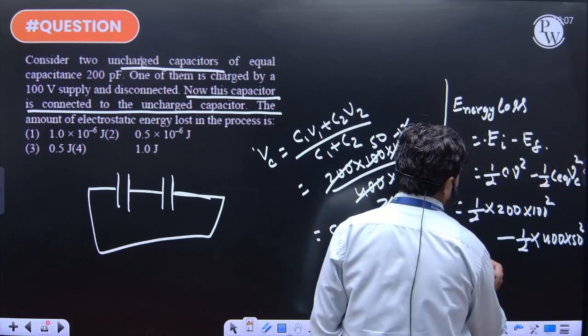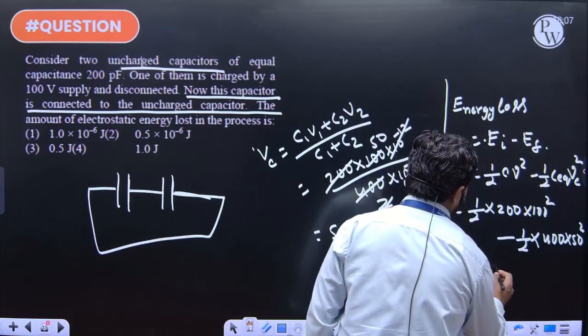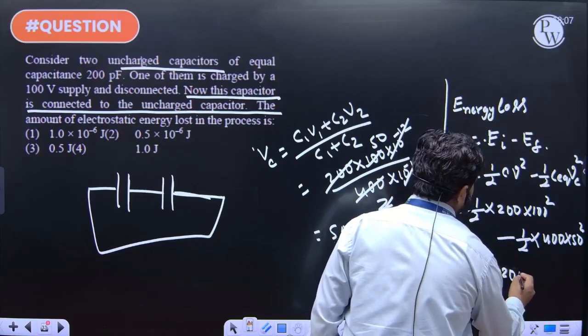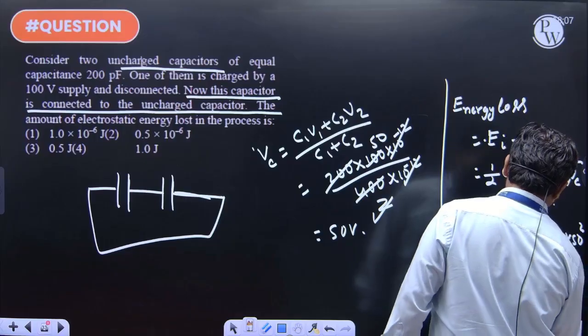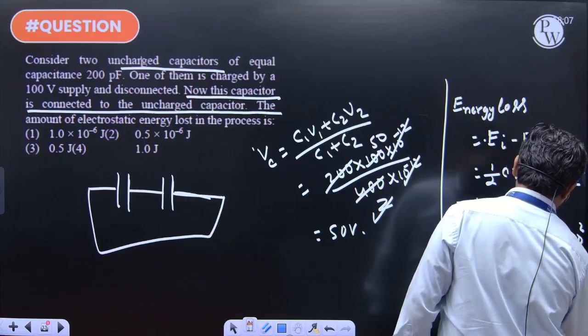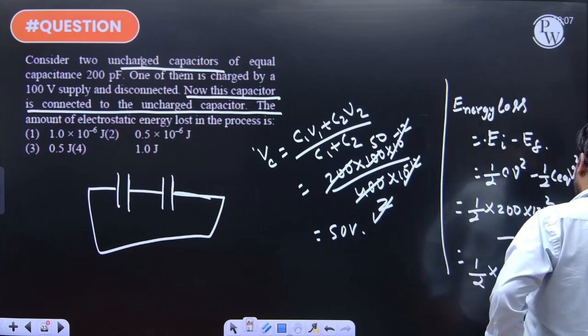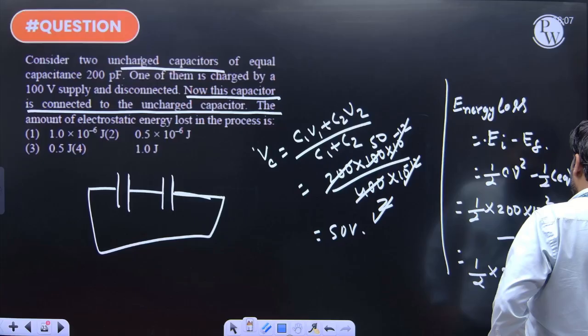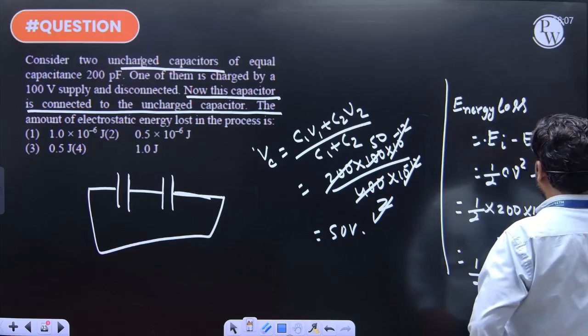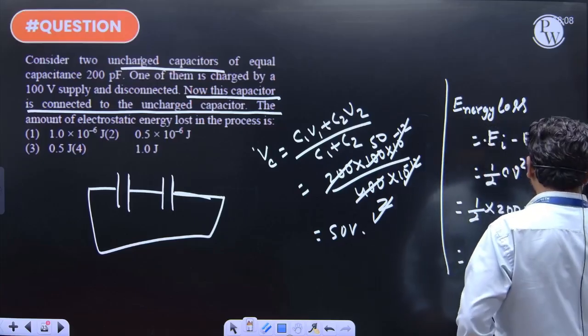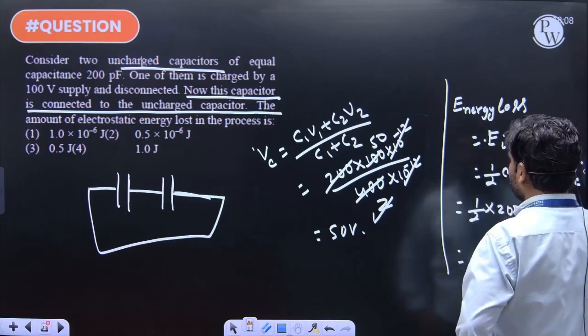You can take so many expressions. You can take half into 200, and I can take 50 square common. So inside it will be 1 minus, here we can write 100 into 100, so 50 into 50. So it is 4. Yes or no?